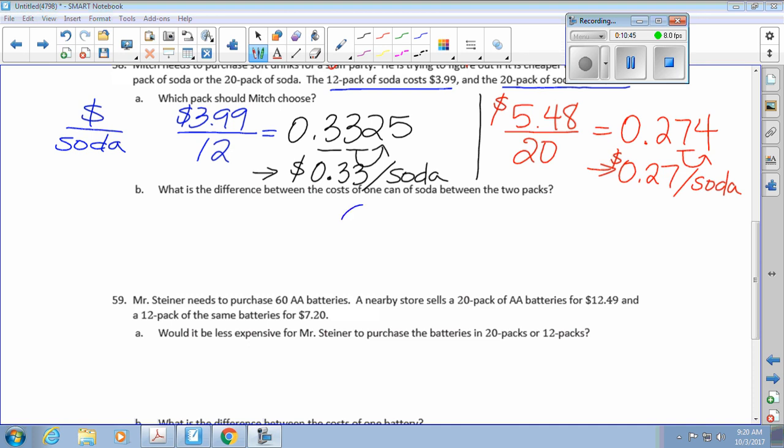Again, we have $0.33 and $0.27. If you subtract, you would get $0.06. That's how much you will save per soda.